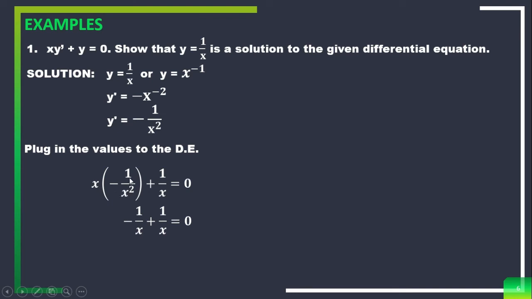We are left with negative 1 over x plus 1 over x is equal to 0. And that would be cancelled, and therefore y is equal to 1 over x is a solution to the given differential equation. Okay? That's how you verify or show that the given solution is a solution of a certain differential equation.